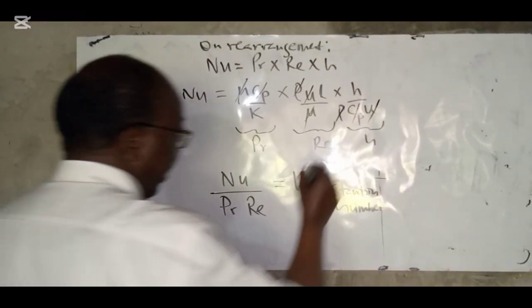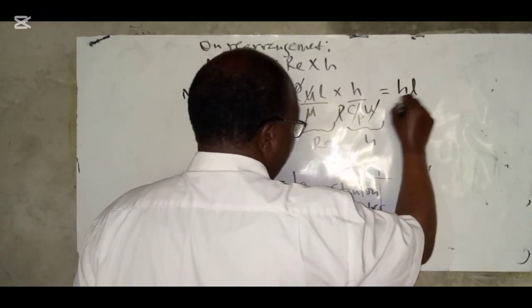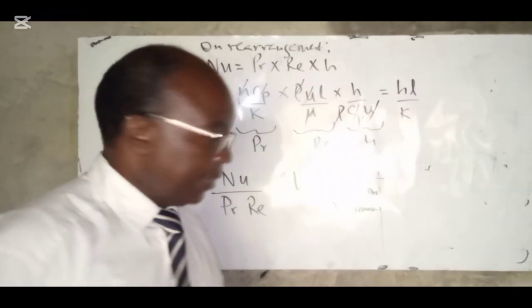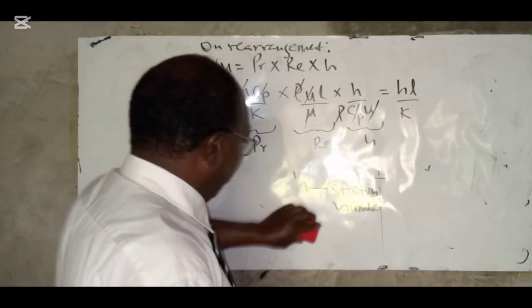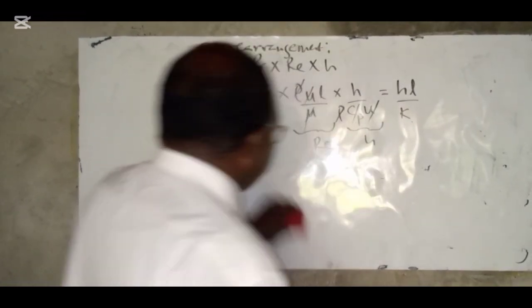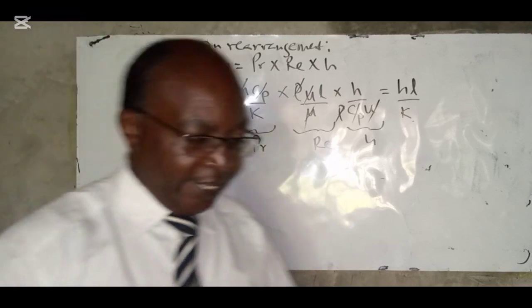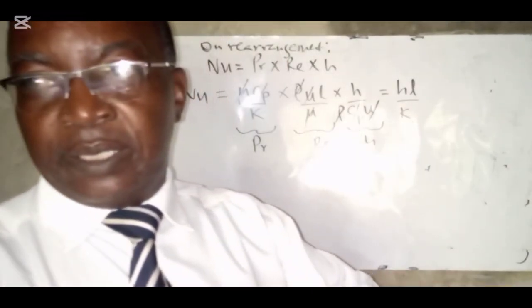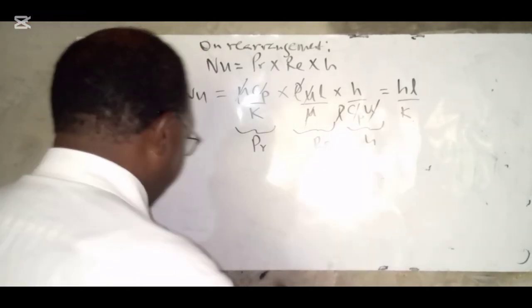What are we left with? We are left with hL over k, and that is the Nusselt number. So when these quantities are constant, we say the two systems are dynamically similar.